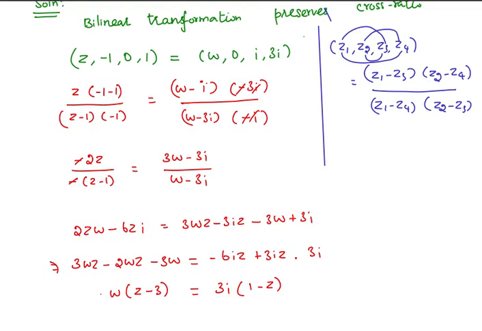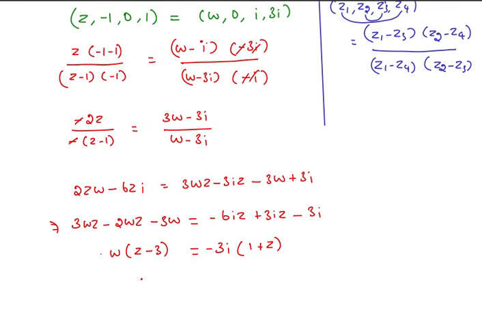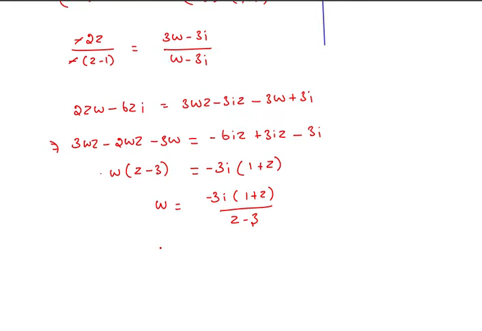So this is minus 3i, so here also you take minus 3i, and you will get 1 plus z. So this implies w equals minus 3i (1 plus z) divided by (z minus 3). Making it positive, w equals 3i times (1 plus z) divided by (3 minus z). This is also fine. So this is our required bilinear transformation.